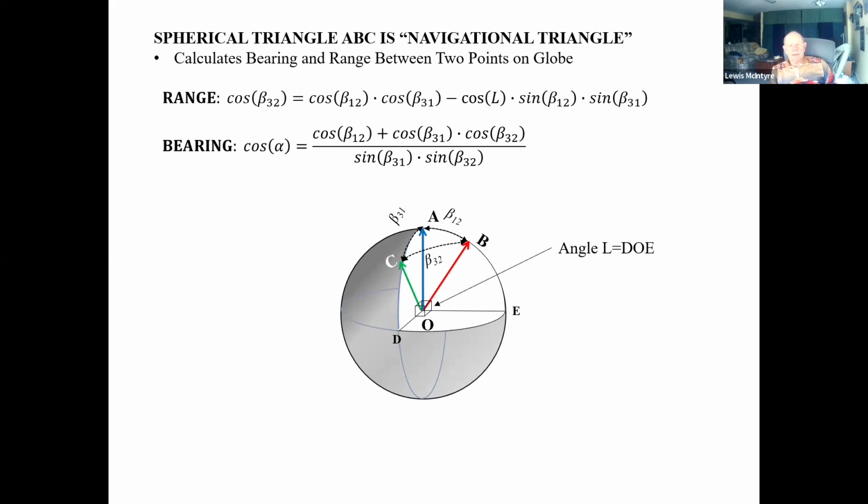CB is beta 3,2, the angle COB. The angle ACB is the bearing of B from C, the angle alpha, measured between CA and CB.